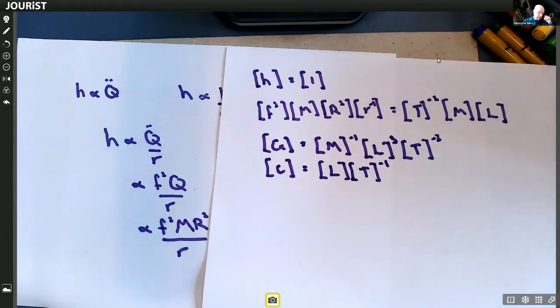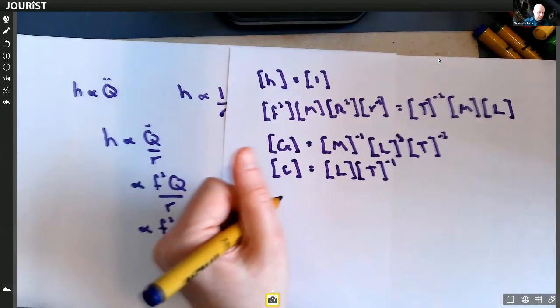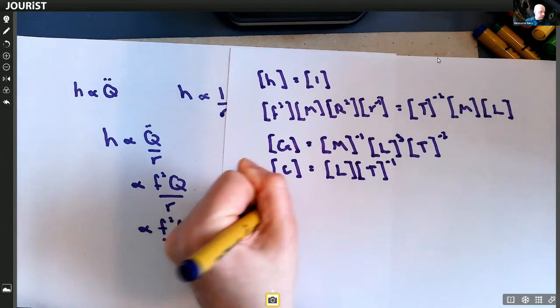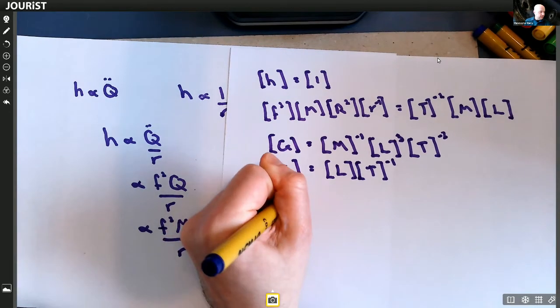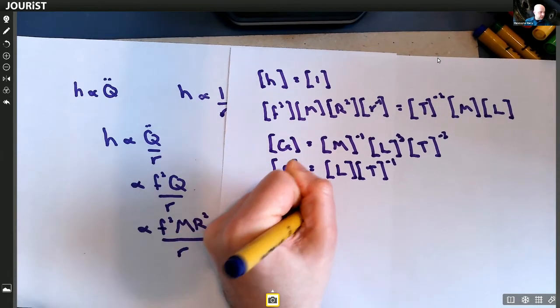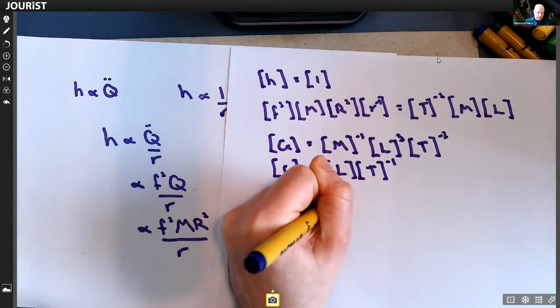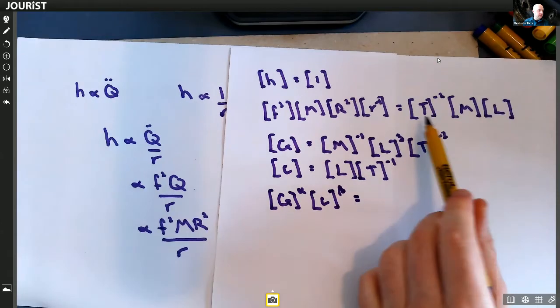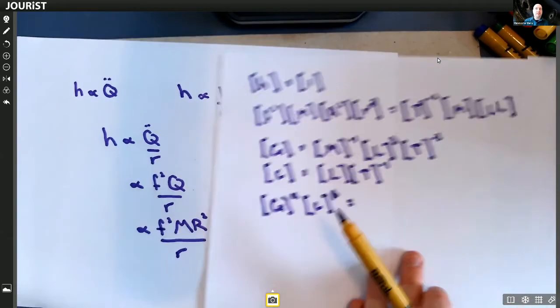Okay, so if we have some power of these, G to the alpha and c to the beta, we want that to work out so that when we multiply this by this, we get something dimensionless.